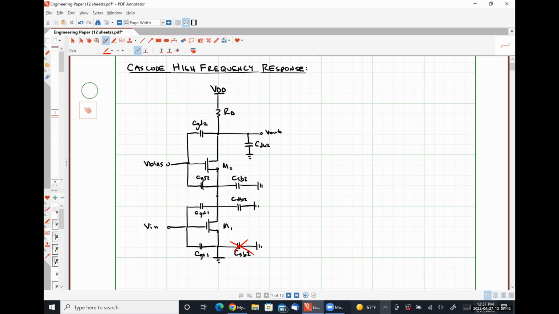At this node here in the middle, we're going to have CSB2 in parallel with CGS2. Since V bias is AC ground, they both share the source of M2 and ground.